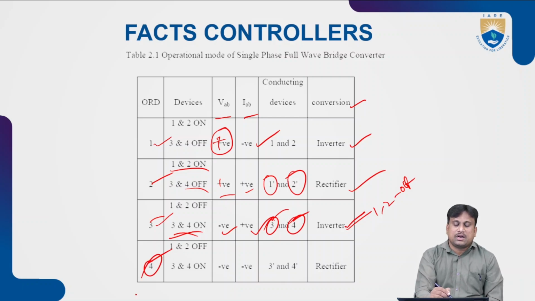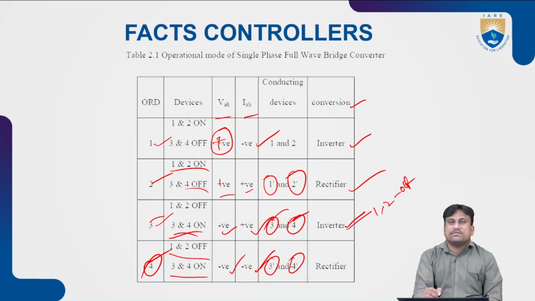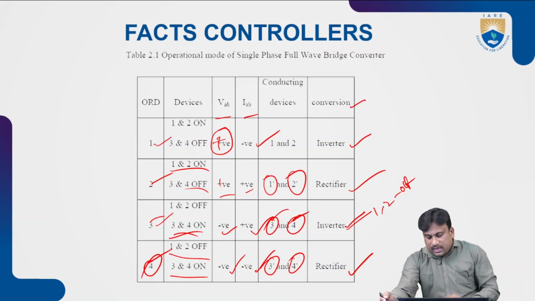Similarly, for the fourth order, 1 and 2 are off and 3 and 4 are on. VAB is in the positive combination and IAB is negative, so devices 3 dash and 4 dash come into conducting mode. This is treated as a rectifier operation, with conversion from AC to DC.